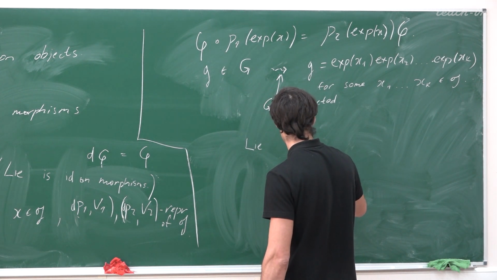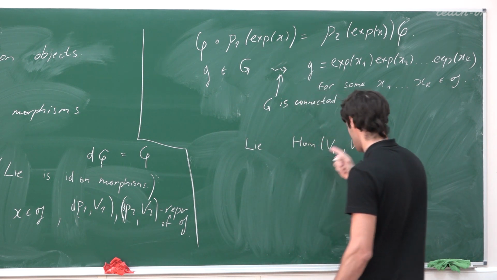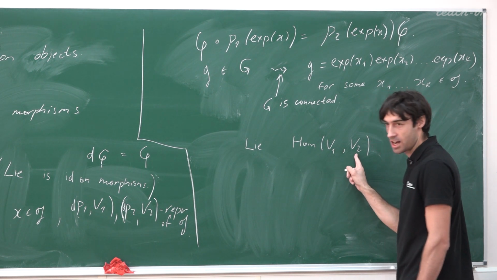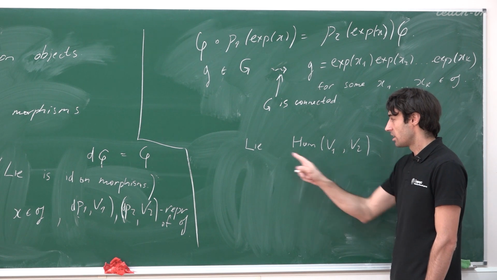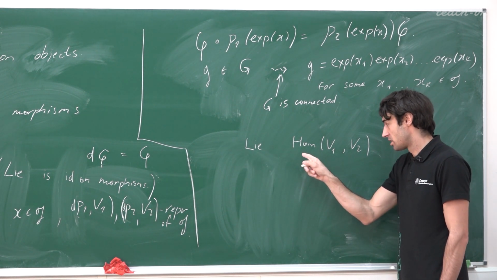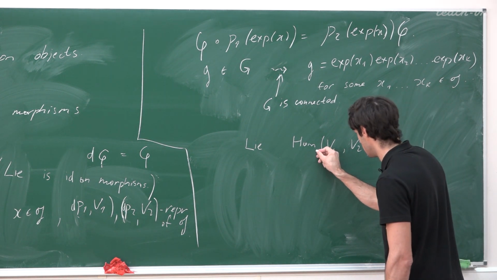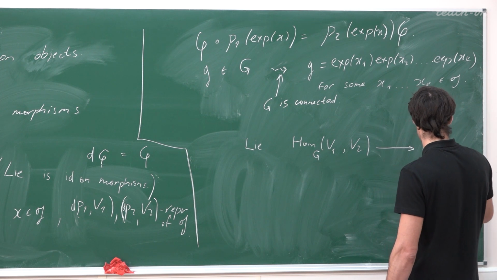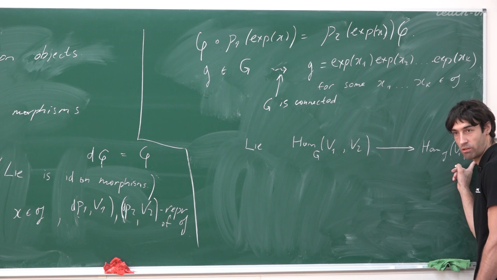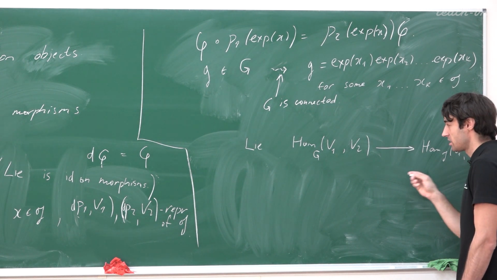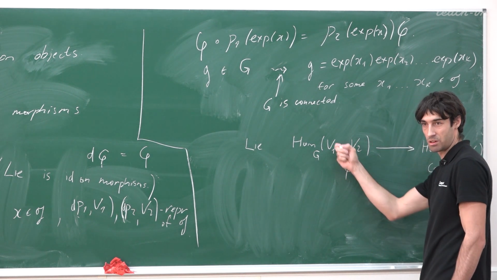So what I'm saying is that if I have Hom between these two, my initial data is that these are representations of the group, and then Lie induces a map from here, from Hom over G, to here, where these are representations of the algebra. This map is just the identity.